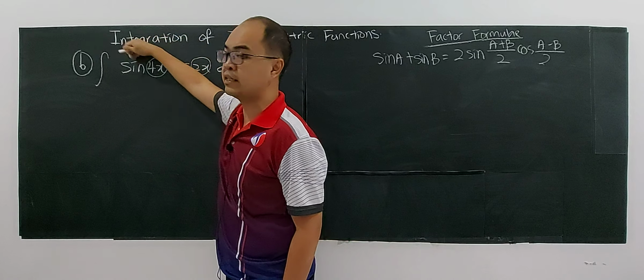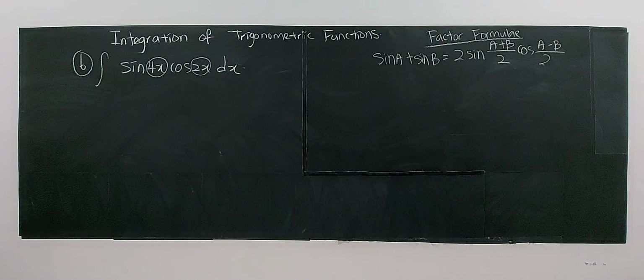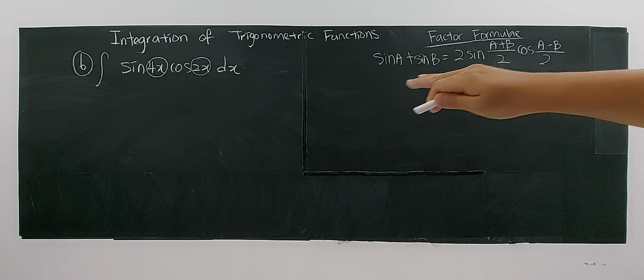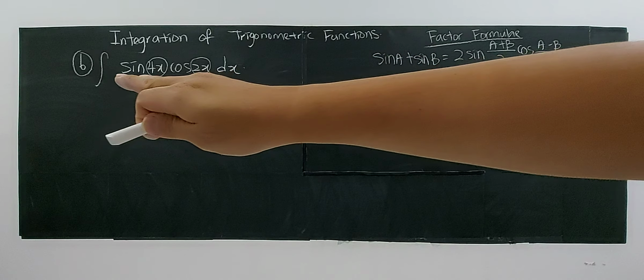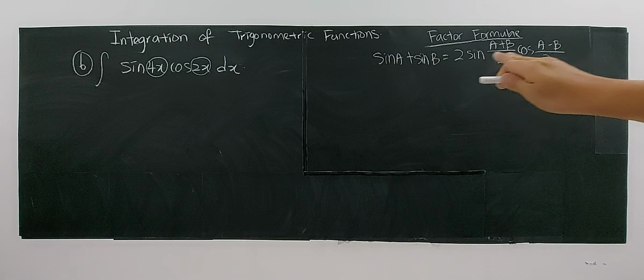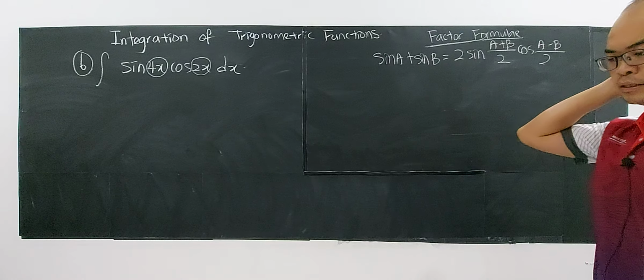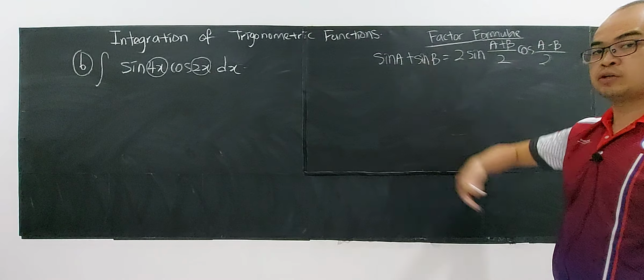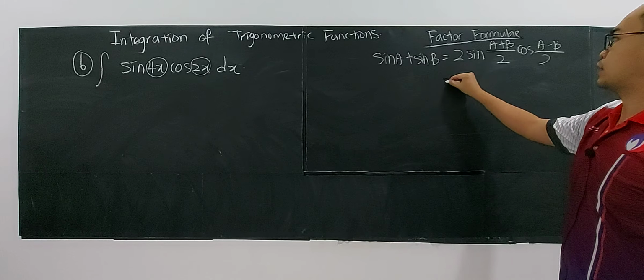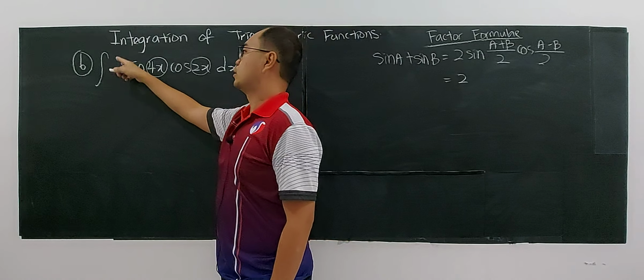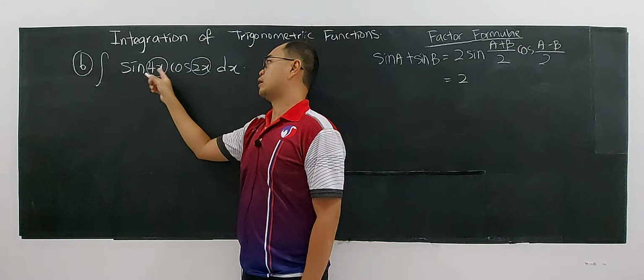Both are linear. So I'm going to consider the factor formula, and there are 4 types of factor formula. I introduced this one because this is a sine and a cos. Can you see there is a product of sine cos here? If you still remember when I talked about the trigonometric factor formula in one of the videos, I said that if you have a product form, you cannot integrate it directly.